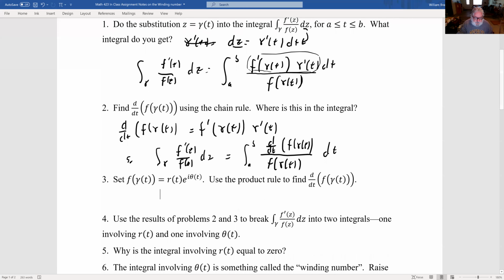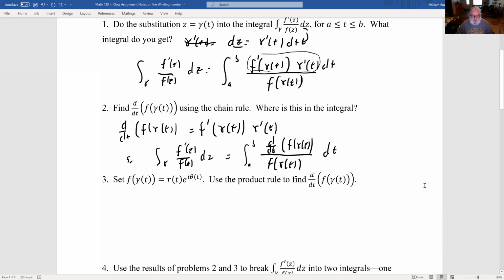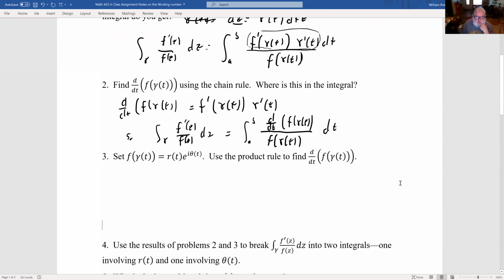So now if we assume f of gamma of t is actually r of t e to the i theta of t, and note r of t is never 0 because we assume that f on the path is always, there's no zeros of f on the path. So what's the product rule of f of gamma of t?